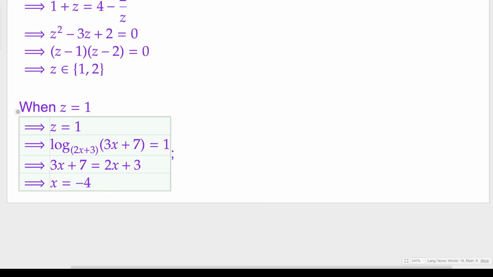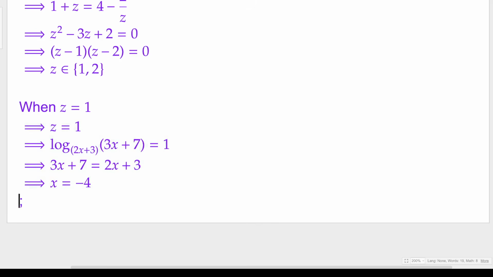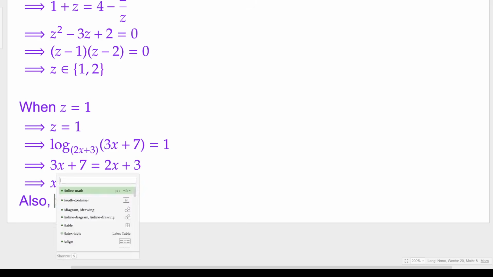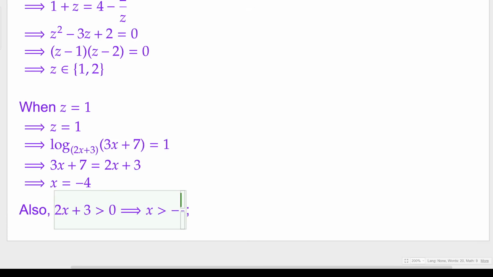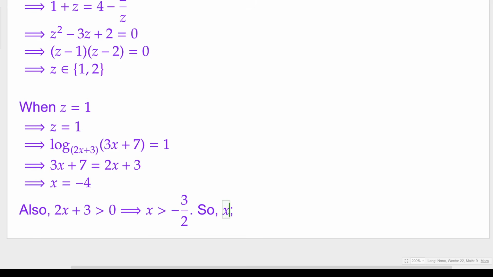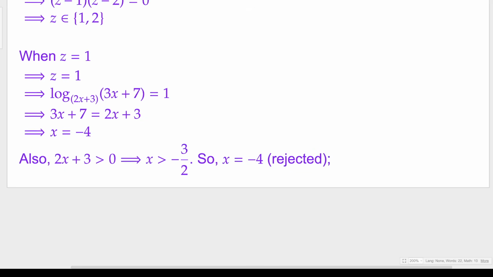Now we also need to check the base of this logarithm: 2x+3 has to be greater than 0. From this, x has to be strictly greater than negative 3 over 2. So x equal to negative 4 has to be rejected. That was the story when z is equal to 1.